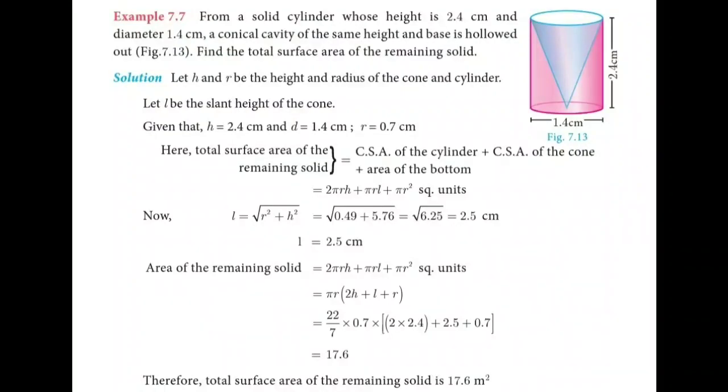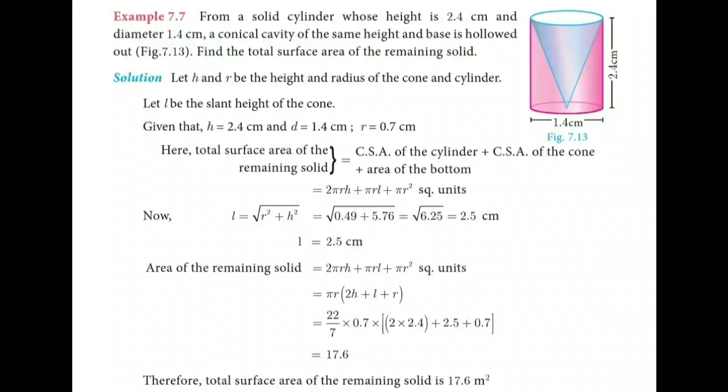Therefore, area of the remaining solid is equal to 2πrh plus πrl plus πr squared square units. Taking πr as common, then πr into 2h plus l plus r. Then 22 divided by 7 into 0.7 into 2 into 2.4 plus 2.5 plus 0.7.